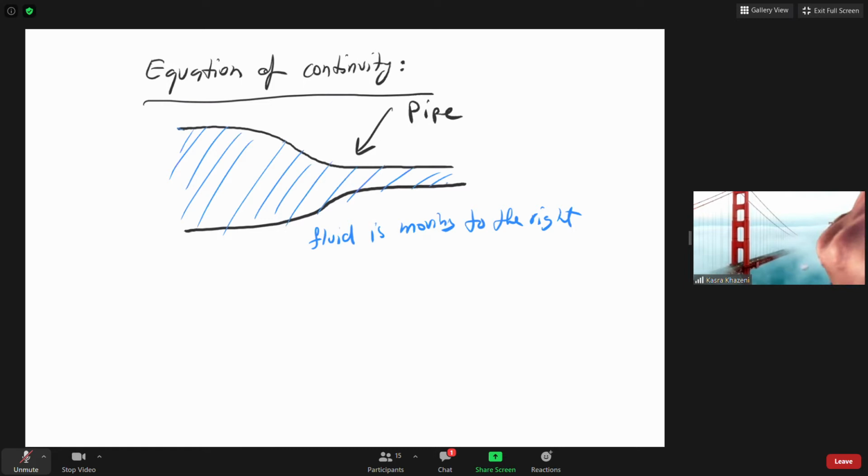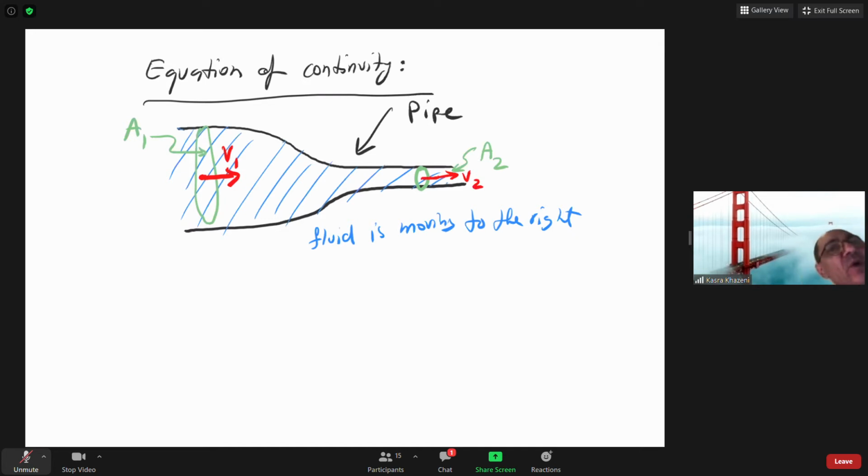The cross-section area here is A2, and the area here is A1. And obviously A2 is smaller than A1. And then the fluid, of course, is moving to the right. So the fluid's velocity at this area is V1. By the time it gets here, it has changed to V2.